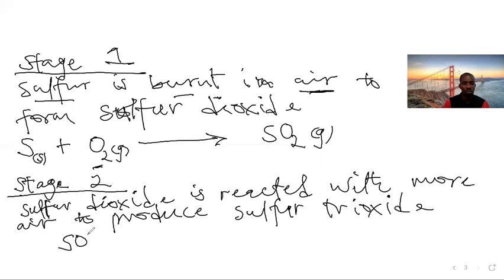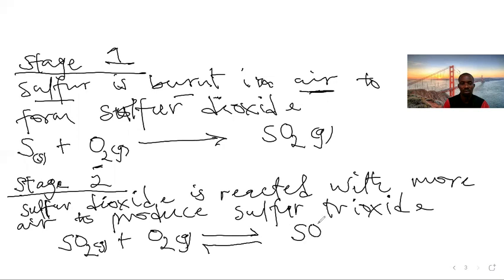Okay, so we need to write the equation. Sulfur dioxide, a gas, is made to react with more air, which is oxygen, a gas again, to produce sulfur trioxide. Please note that this stage is reversible. So spend some time here looking at the conditions for the reversible reaction.